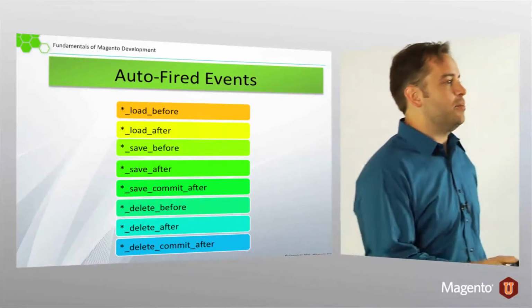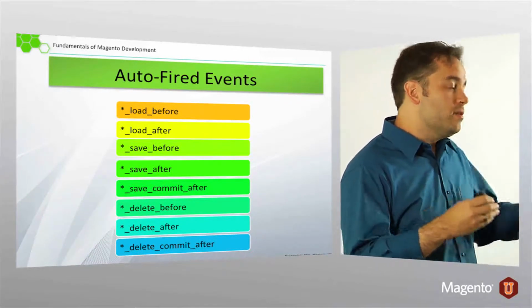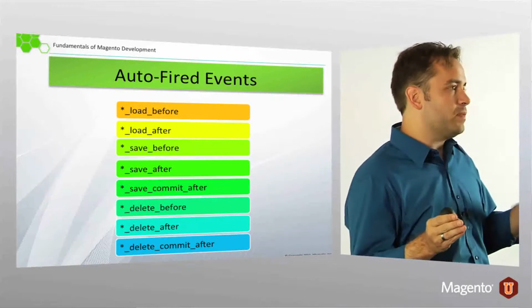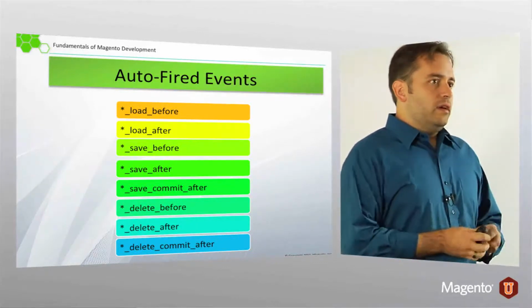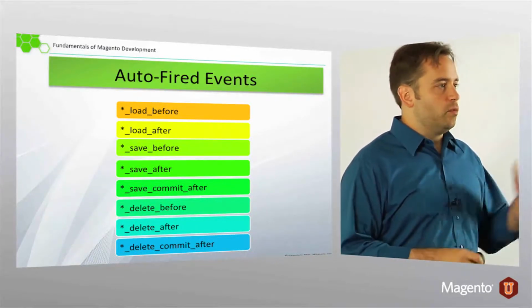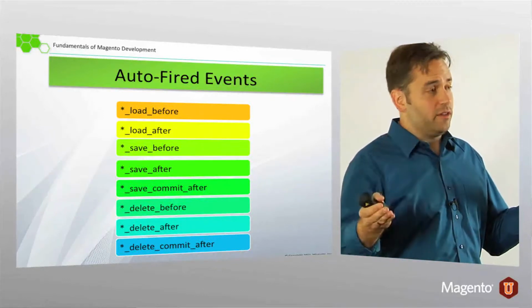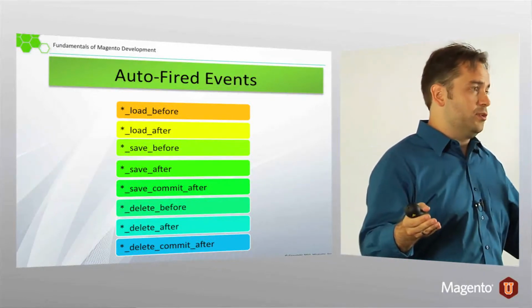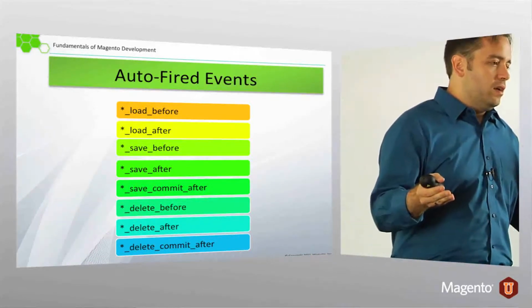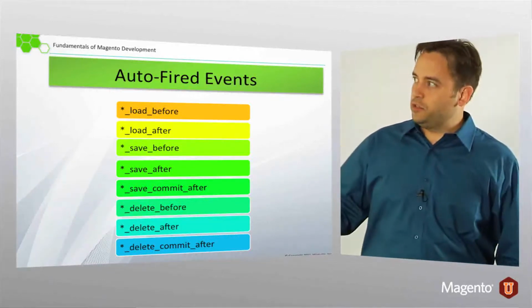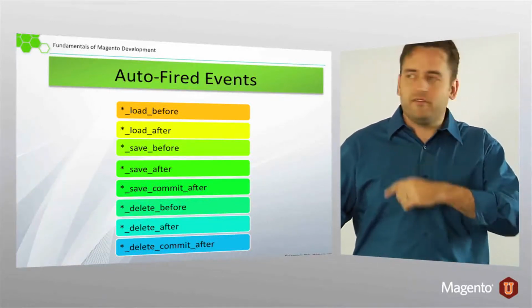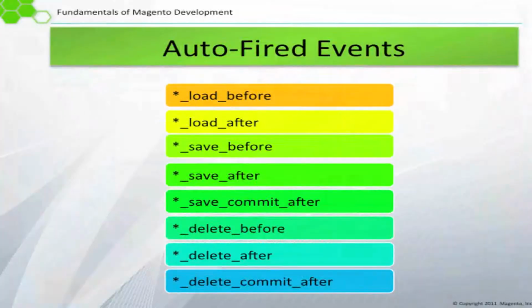So if I need to do something every time, or say I have two modules, okay, and I need to do something to one of them with the other after it's loaded, I can use my event prefix load after.